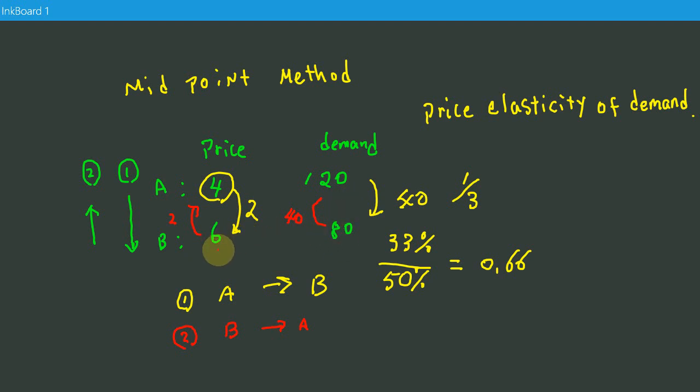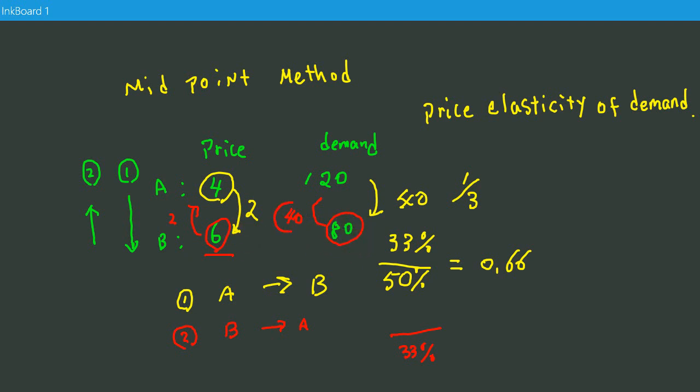But the basis is different. So $2 out of 6 is one third, 33%.